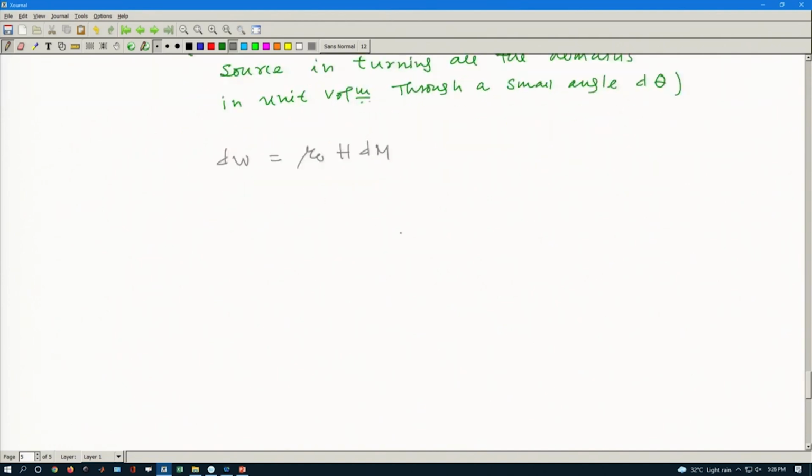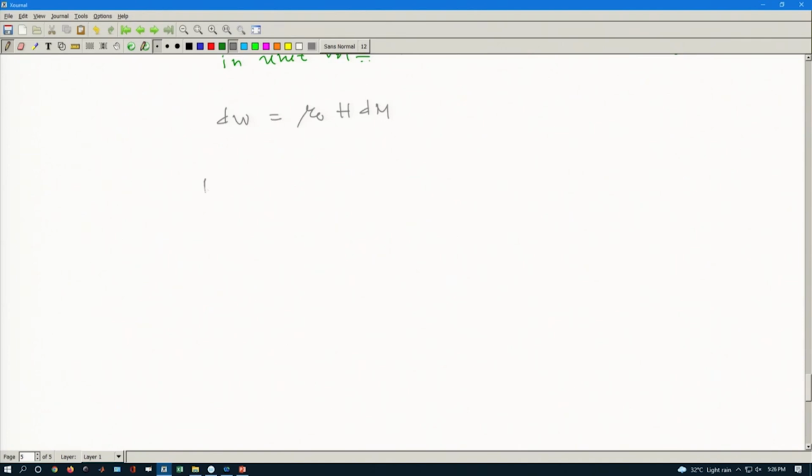Now, if I want to find the total amount of work, then I need to integrate, and it should be a closed line integral of h dm. So, h dm closed line integral is nothing but the area of the closed loop formed, which is the MH loop.